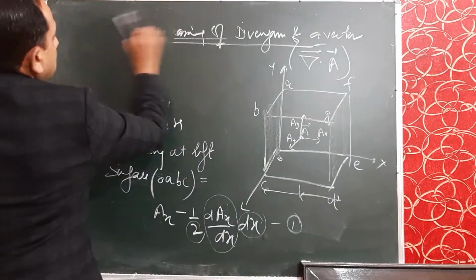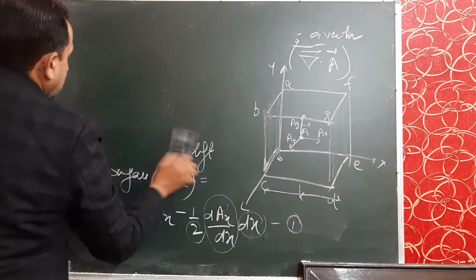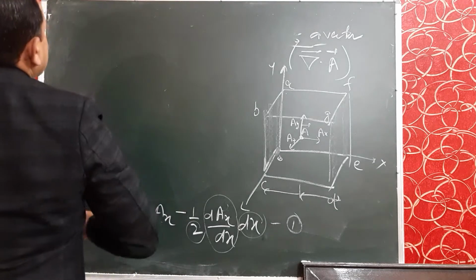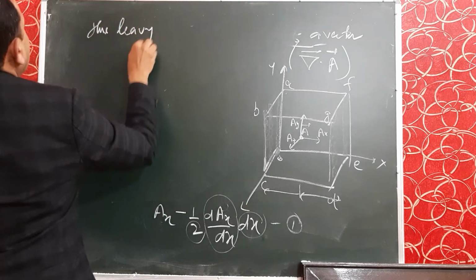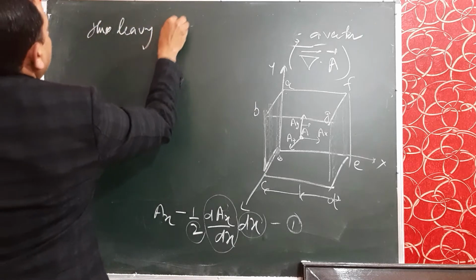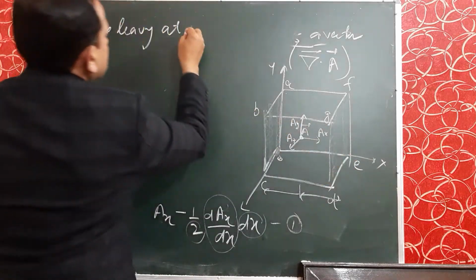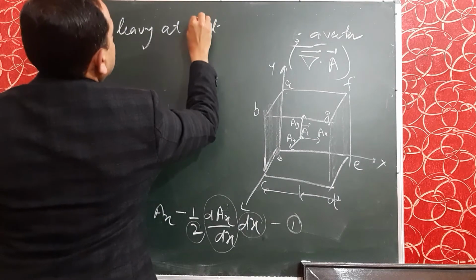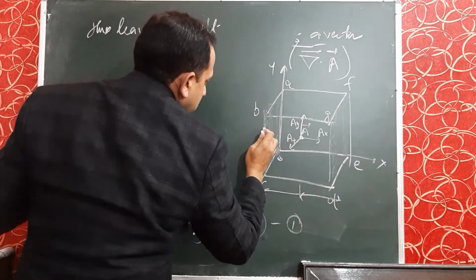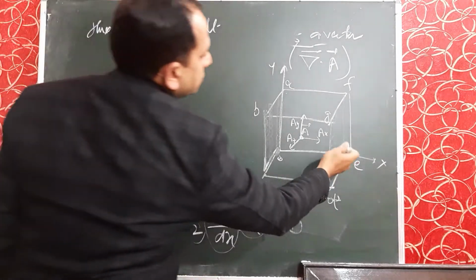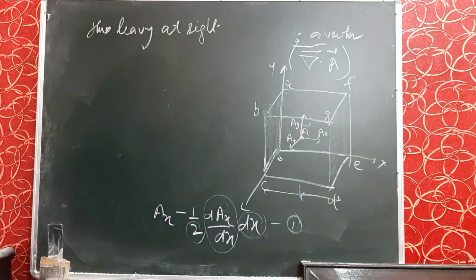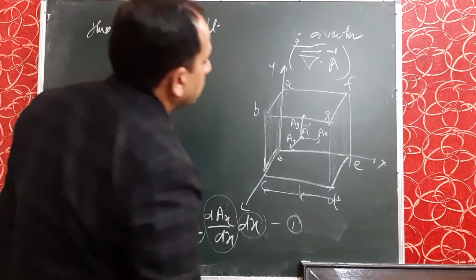Now the flux leaving at the right surface. Because the flux on the entering surface is considered as entering, flux going outward is taken as flux leaving.